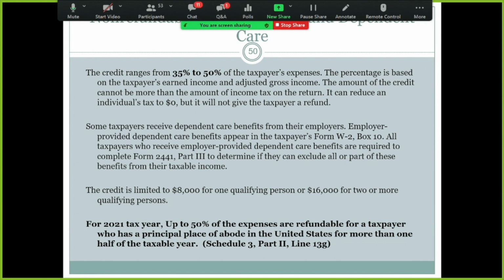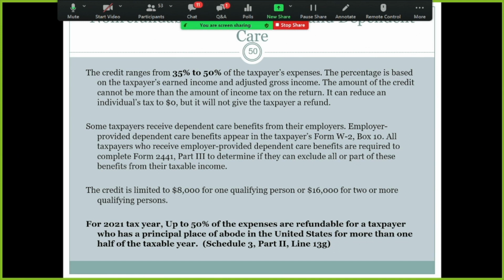The credit ranges from 35 to 50% of the taxpayer's expense, and this percentage is based on the taxpayer's income and adjusted gross income. It can reduce the taxpayer's tax to zero, but with the new change, it could result in a refund. The credit is significantly higher this year.